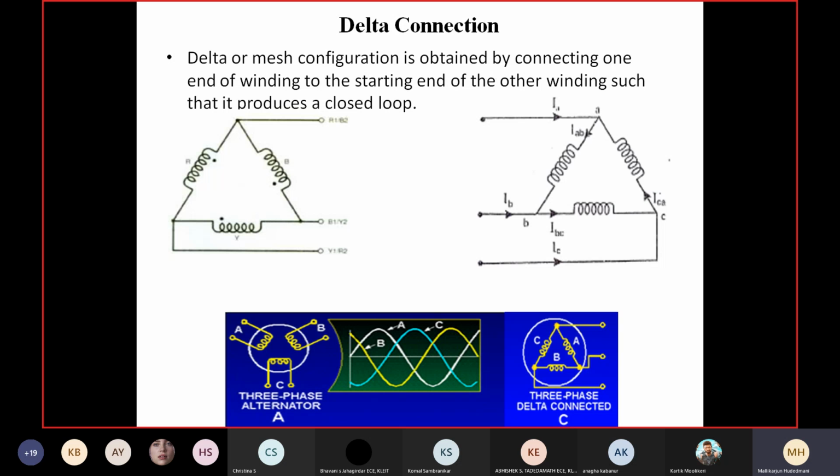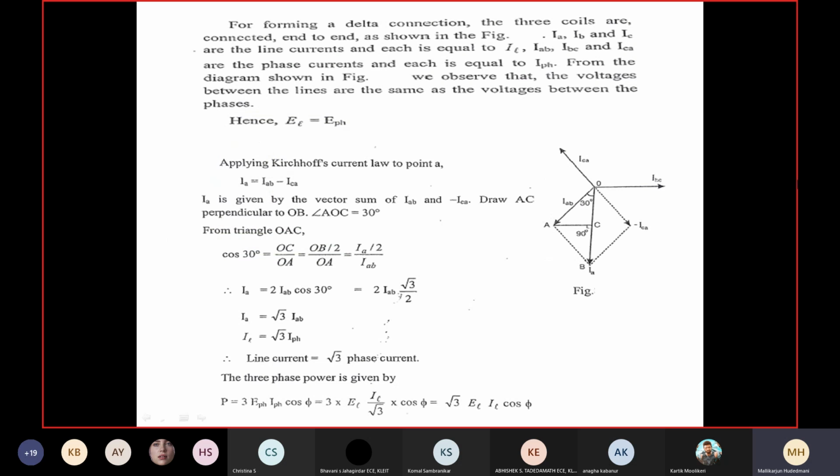Therefore, current in A group, current in B group, current in C group, namely IAB, IBC, ICA are the three vectors having 120 degree difference between them. That is the logic taken here. Can you see over here? So, ICA, IAB, IBC, these are three vectors of phase current.